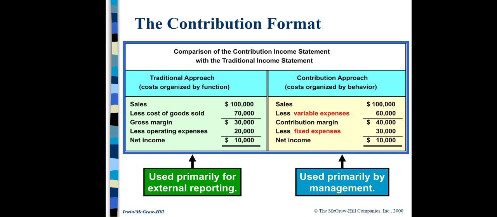Jadi biasa digunakan oleh manajemen untuk kebutuhan pengambilan keputusan. Pendekatan tradisional tidak menggunakan kontribusi margin untuk mengetahui net income, dan hanya digunakan untuk membuat laporan bagi pihak eksternal. Sementara contribution margin approach digunakan manajemen untuk mengetahui net income dengan membedakan biaya tetap dan biaya variabel untuk dijadikan dasar dalam pengambilan keputusan.